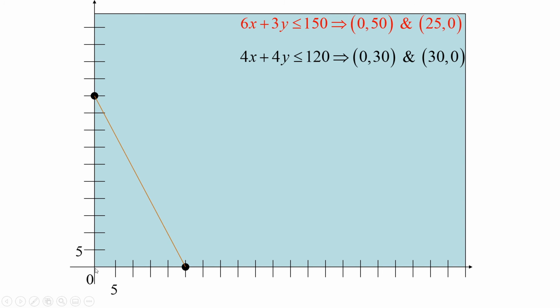Now let's go 5, 10, 15, 20, 25, 30 on each axis. And there's my other boundary line. And I'm hoping we can clearly see this corner point, because remember, we are maximizing profit.